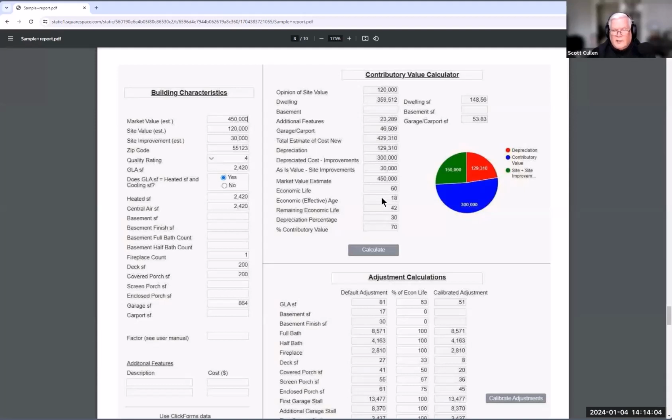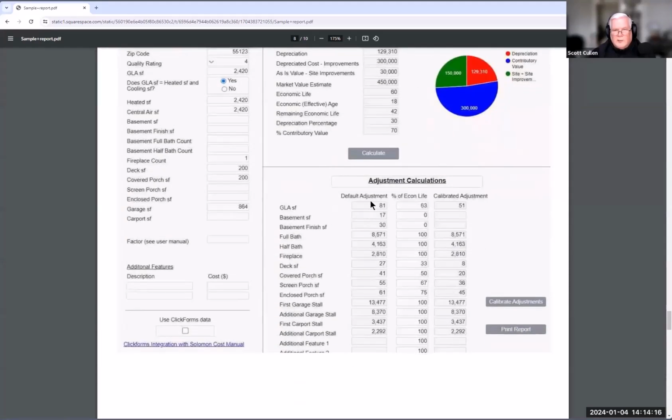So it's a nice, tidy report here. And if depreciation is 30%, we know percent contributory value is 70. So here are the adjustments, assuming the market is paying 70% of cost for the house. And that's a good place to start with depreciated cost.